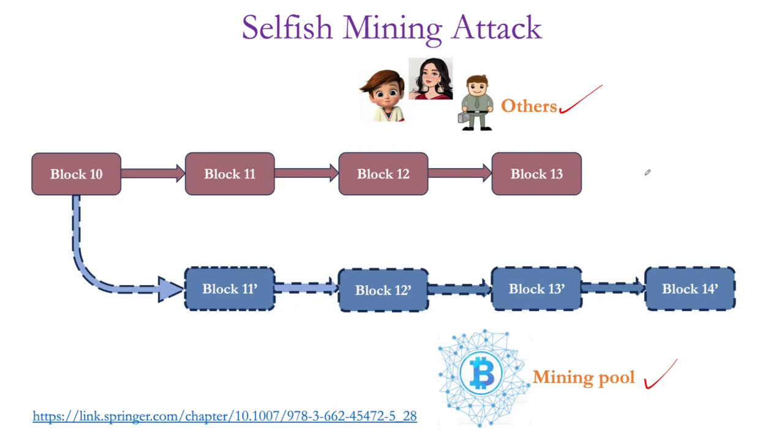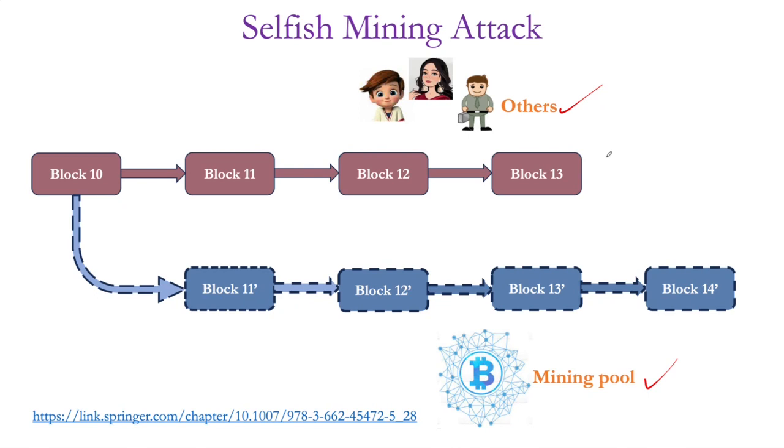These selfish miners achieve this goal by selectively revealing their mined blocks to invalidate the honest miners' work. Approximately speaking, this selfish mining pool keeps its mined blocks private, not public.